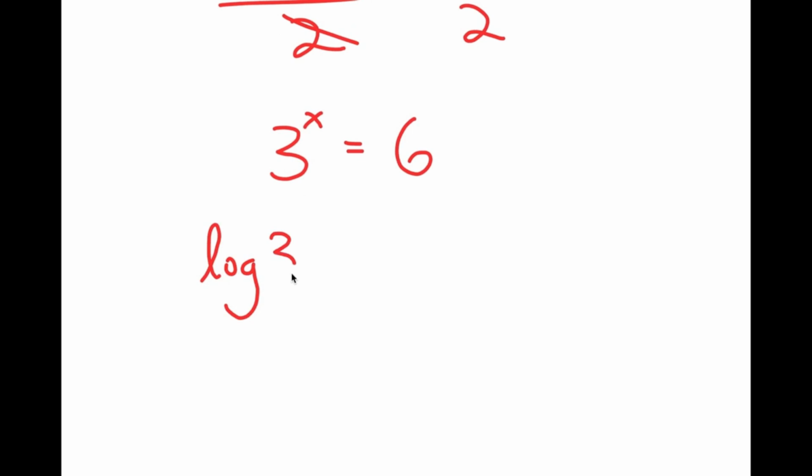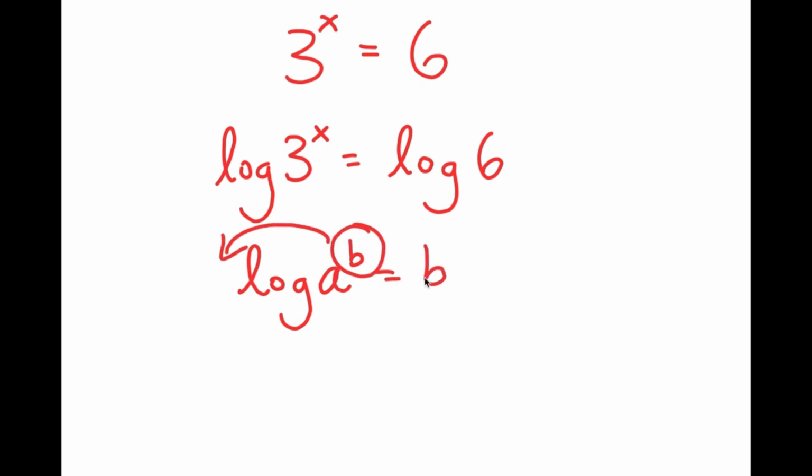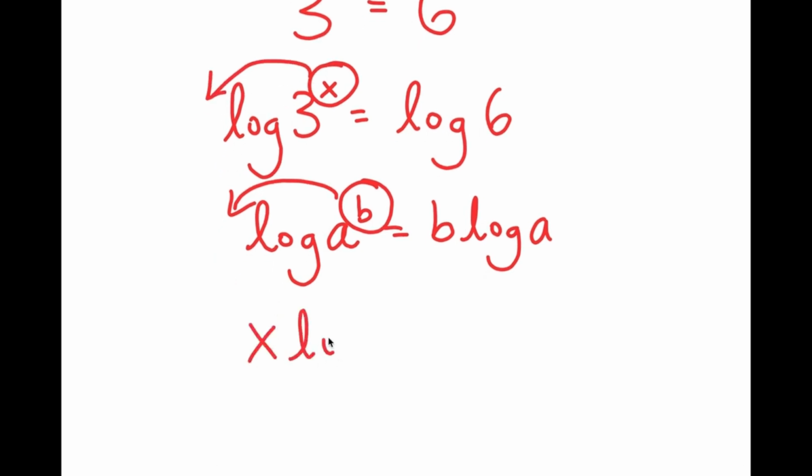So I get log 3 to the power of x is equal to log 6. And if I have something in the form log a to the power of b, I can move this exponent b to the front, so this turns into b times log a. In this case, I have log 3 to the power of x, so I can move x to the front. So this turns into x times log 3 is equal to log 6.